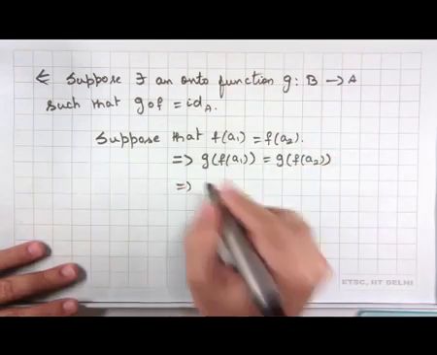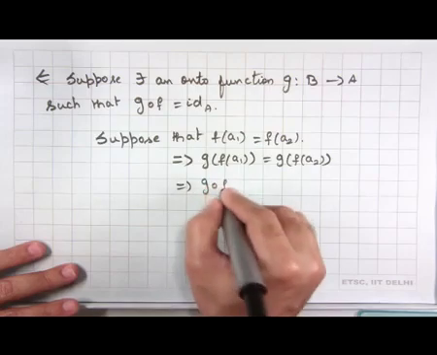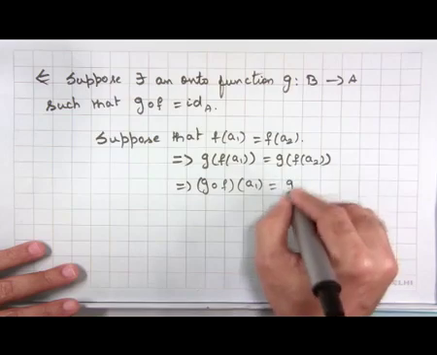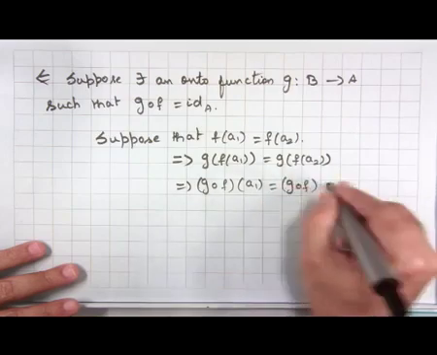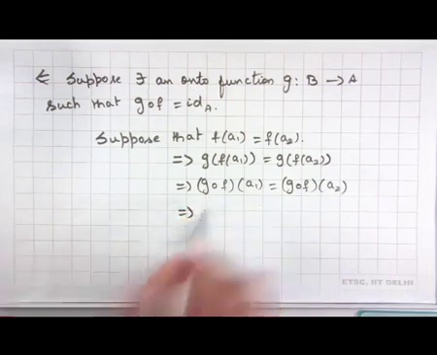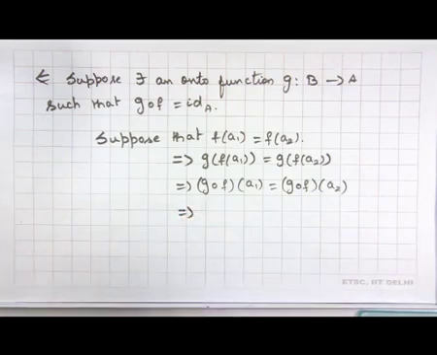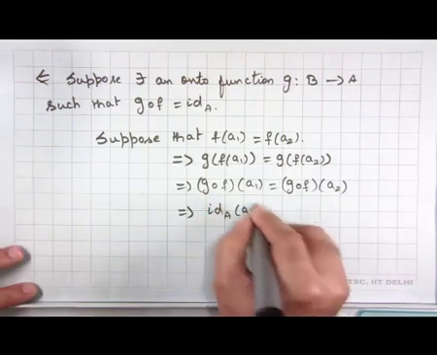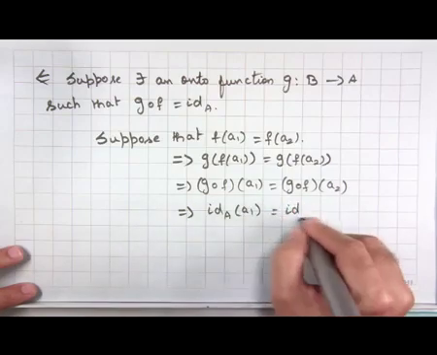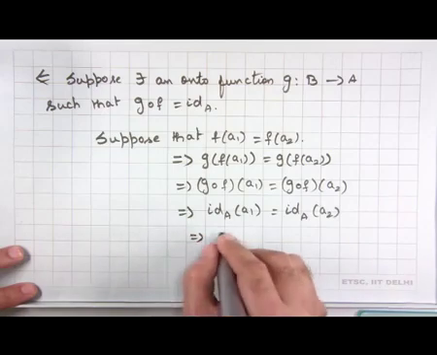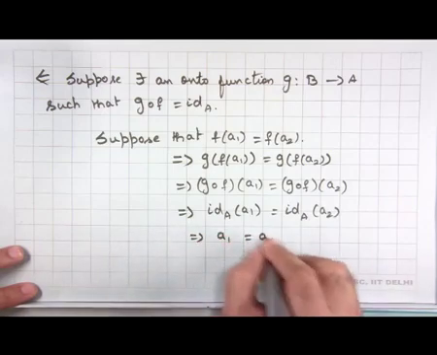This is the same as writing g composed with f at a1 equals g composed with f at a2. But what we know is that the composition g composed with f is exactly the identity function, and that will immediately tell us that a1 equals a2.